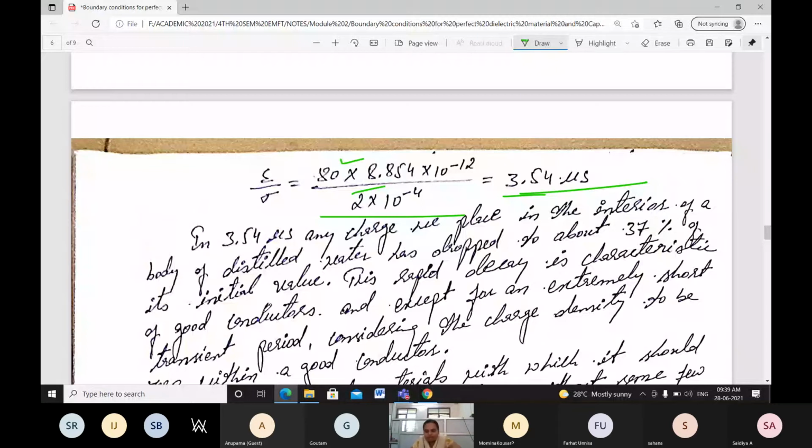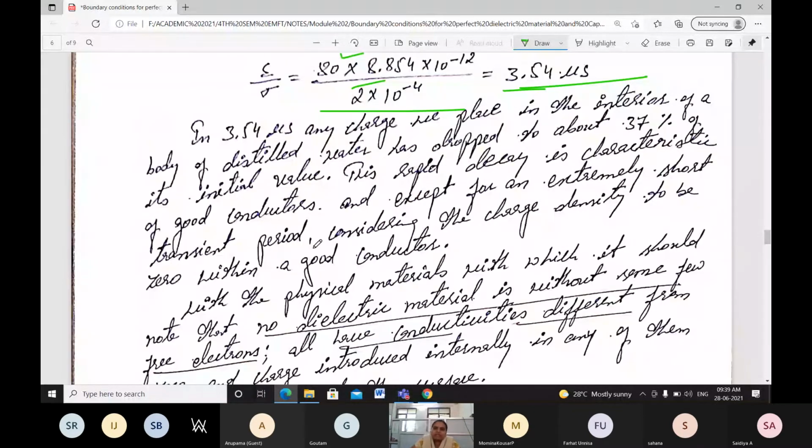It is reducing its charge from that initial value. And this rapid decay is characteristic of a good conductor. It is indicating that it is a good conductor, and except for an extremely short transient period, it is not going to be applicable in such applications.